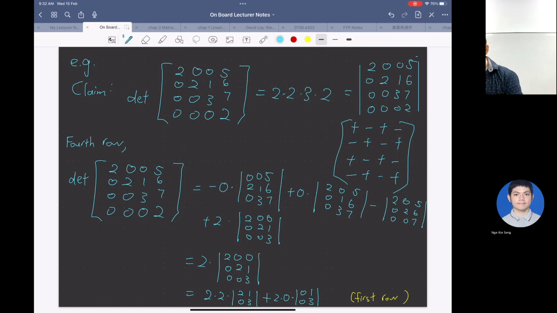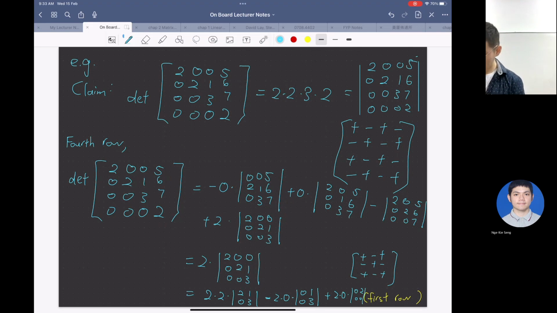And then the sign is wrong, right? It should be a minus here, because if you form the grid, you will have plus, minus, plus, minus. And then plus 2 times 0 times another minor.